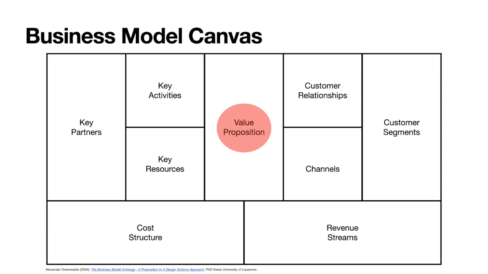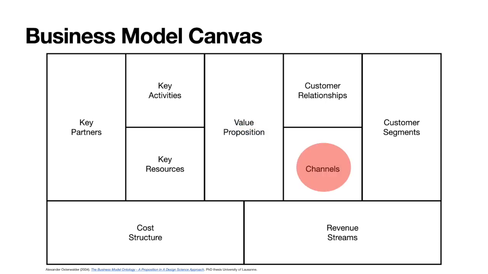The value can be posited in different ways. It can be quantitative, like speed or price, like we have a product that's cheaper than all the competition. It can be qualitative, like design or better quality. The value proposition should align with the values that the customer segment that you're targeting are looking for.